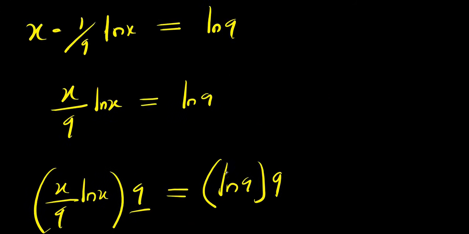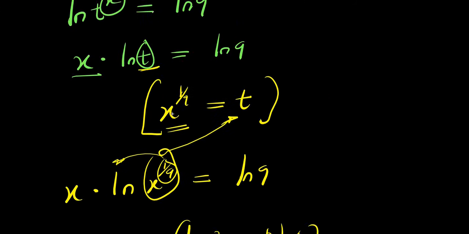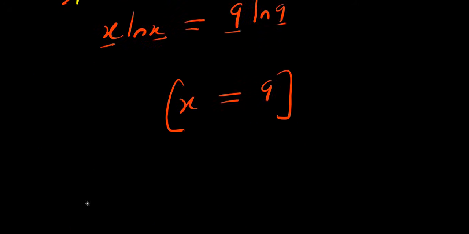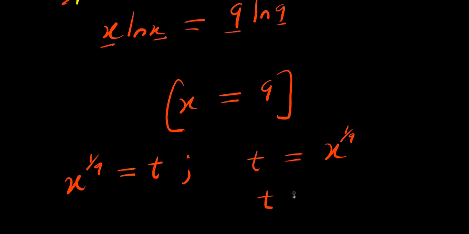If x = 9, what is our t? x^(1/9) = t. Recall, x^(1/9) = t, meaning t = x^(1/9), and our x is 9. We have t = 9^(1/9).